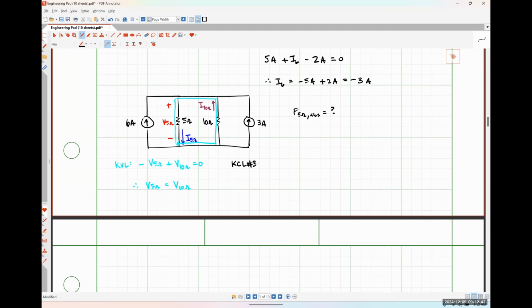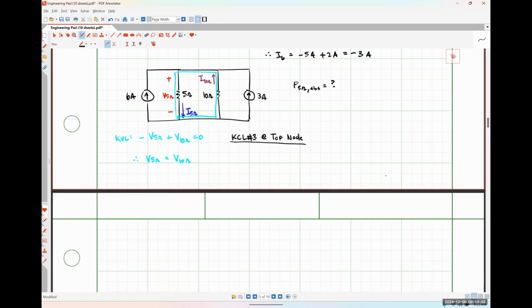So that means all of the currents that are exiting a particular node are going to be positive. So do we want to apply this at the top node or the bottom node? Top node. All right. So currents that are exiting the top node are positive.